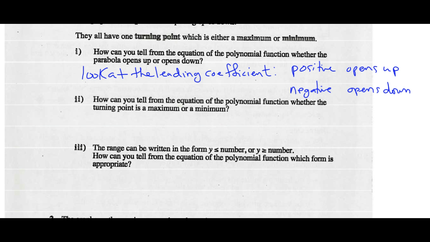How can you tell from the equation of the polynomial function whether their turning point is a maximum or a minimum? Well, if the leading coefficient is positive, so if it opens up, then the graph has a minimum.